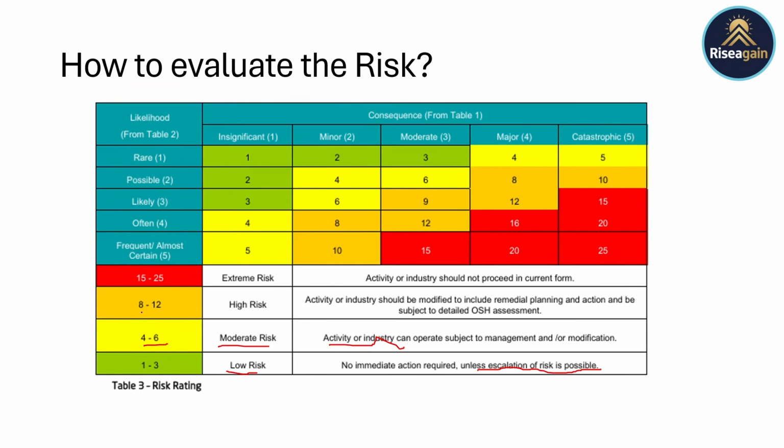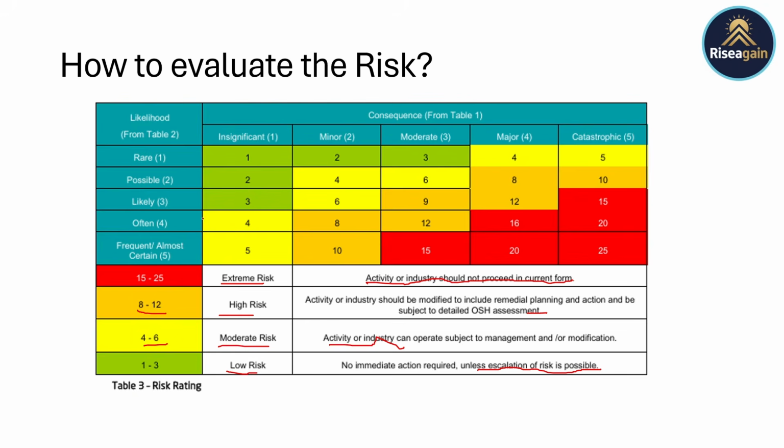And if it is 8 to 12, that is high risk, and it means that industry should be modified to include immediate remedial planning and action, and subject to detailed OSH assessment. But if the incident is from 15 to 25, that is called extreme risk, and they recommend that activity or industry should not proceed in current form. They should stop the work immediately.